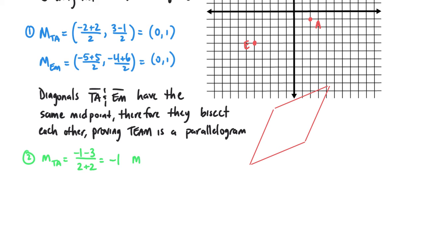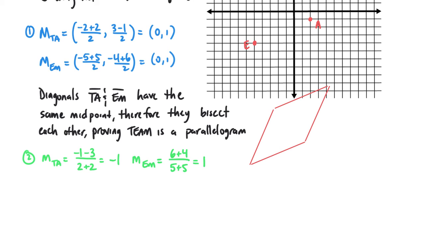Now the slope of EM, which is my other diagonal, is going to be 6 plus 4 over 5 plus 5, which is 10 over 10, which is +1. -1 and +1 are negative reciprocals to each other. So I got what I expected.